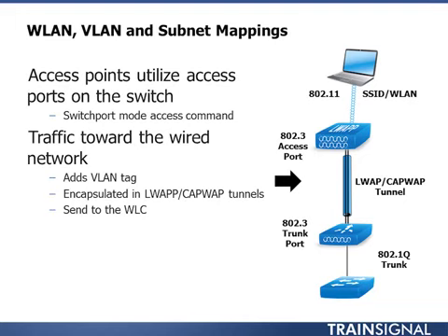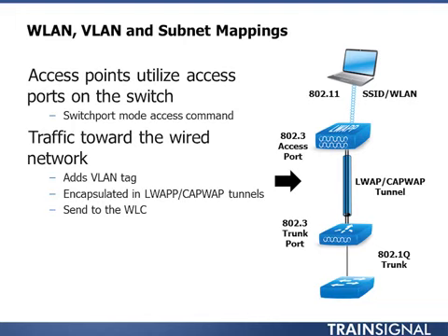So let's now talk about the second part of this diagram. When that traffic leaves the switch, it is now tagged with a VLAN tag and encapsulated with a CAPWAP header. It goes through the tunnel, regardless of how many nodes there are, hop by hop, until it finally reaches the wireless LAN controller. The connection between the switch and the wireless LAN controller must be configured as a trunk port.